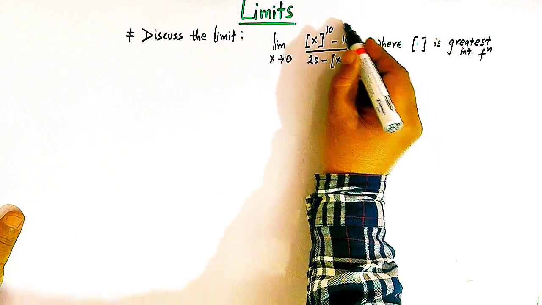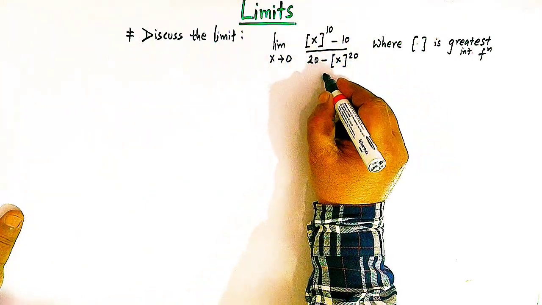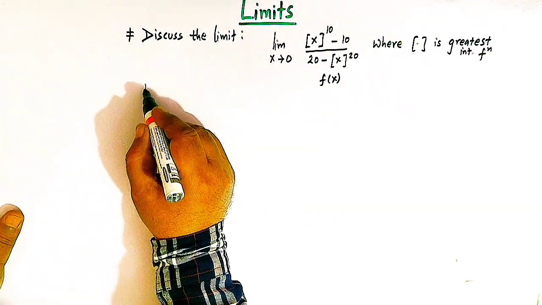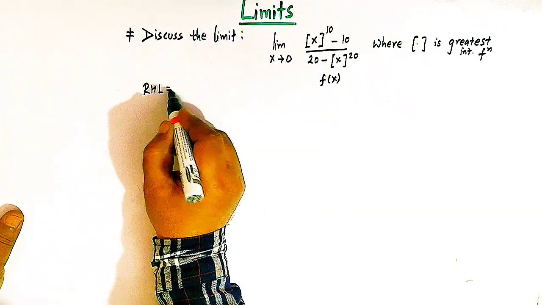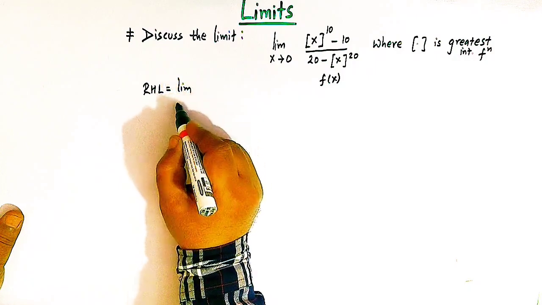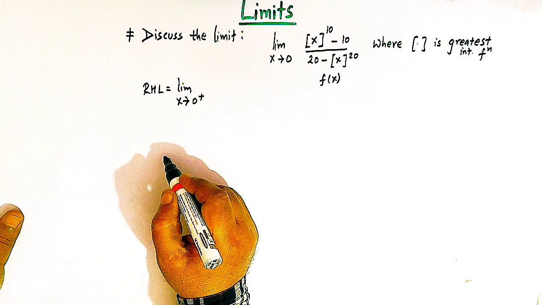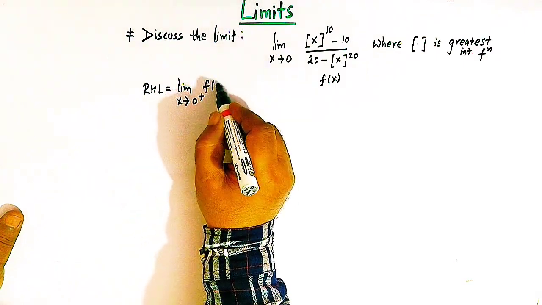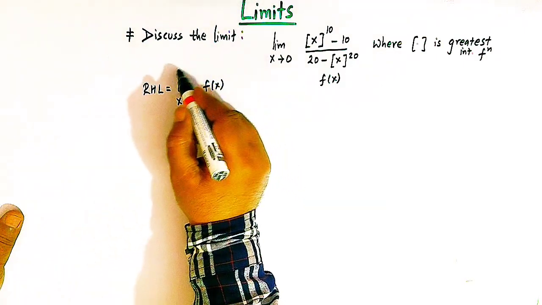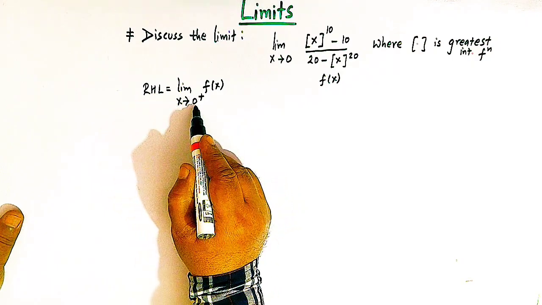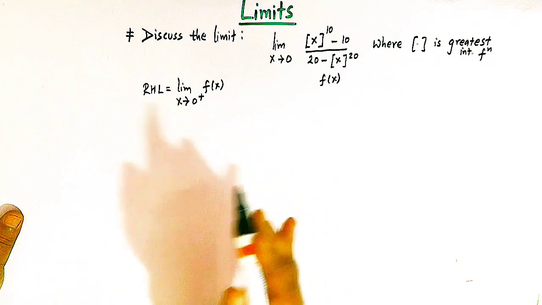So let us first take this function as f of x, right? So the right hand limit is given by limit x tends to 0 with a positive sign, and here we have f of x, right?